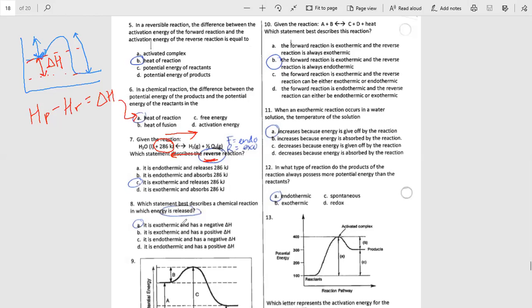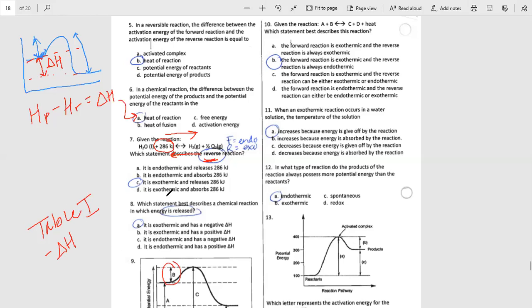Number eight, which statement best describes a chemical reaction in which energy is released? Exothermic, negative delta H. If you can't remember that delta H is negative, look at table I on the very bottom, and it says negative delta H indicates an exothermic reaction. Okay, number 9, which arrow represents activation energy for the forward reaction?